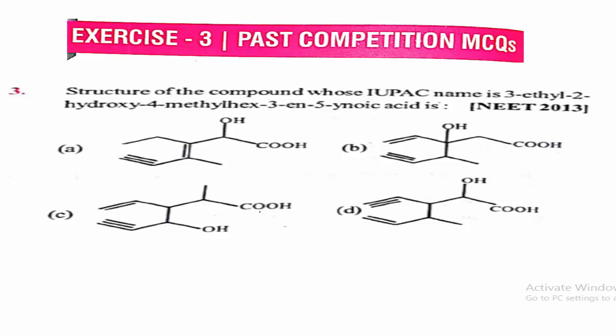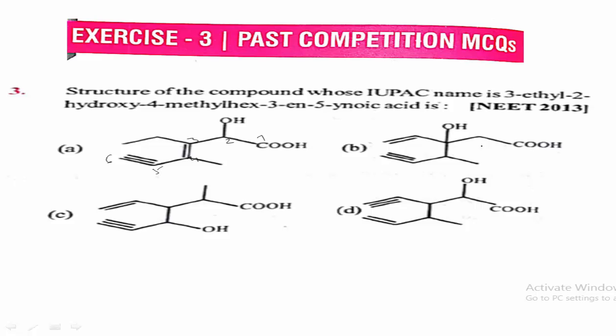Okay, now look here. Suppose you select option A, you can start the numbering from this one: 1, 2, 3, this one is 4, this one is 5, and this one is 6. This is one method.